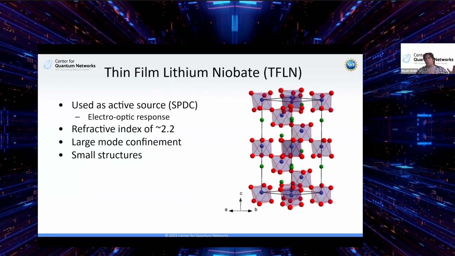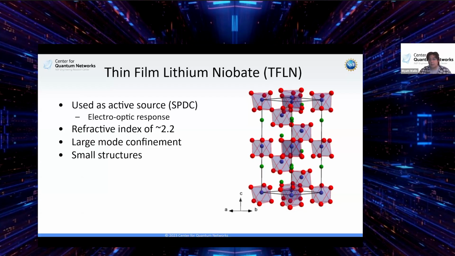Moving on, another type of material that we talk about a lot, that's in the conversation a lot, is thin film lithium niobate. I have a diagram right here of that molecule. The green should be lithium. If you look at this, each of these molecules is set up in a crystalline fashion, but you can see that there's somewhat of an order to them.